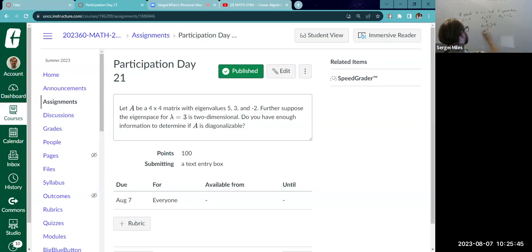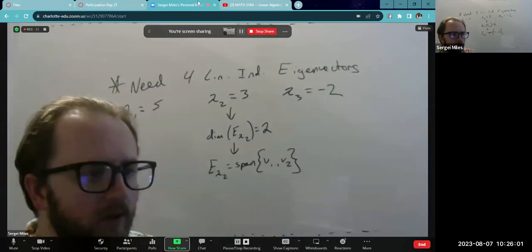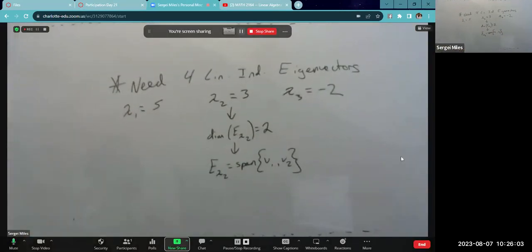Well, that implies that its eigenspace is the span of 2 vectors. Right? So do we have enough information to determine if A is diagonalizable? We need 4 linearly independent eigenvectors.